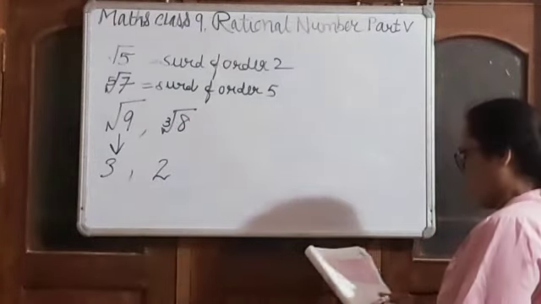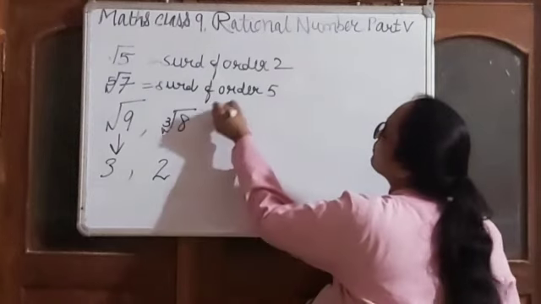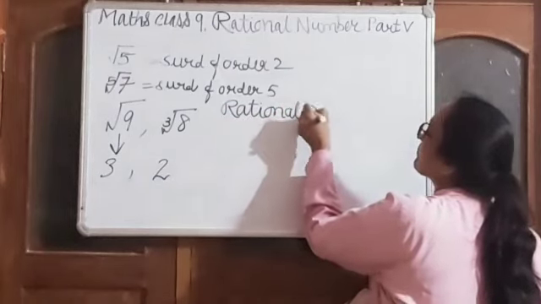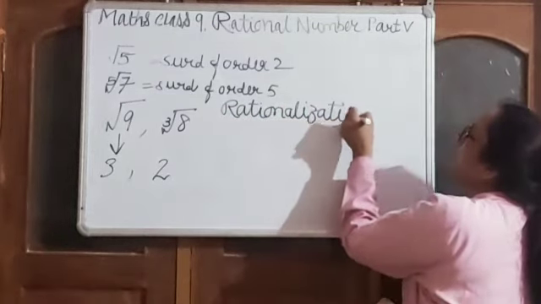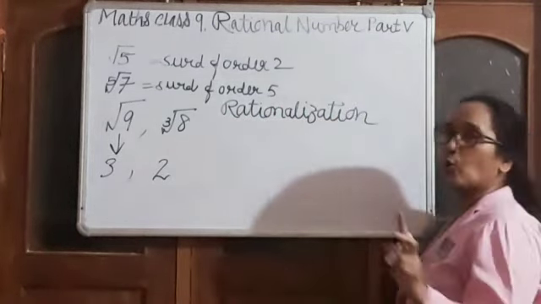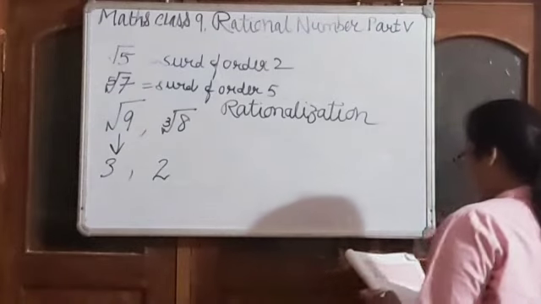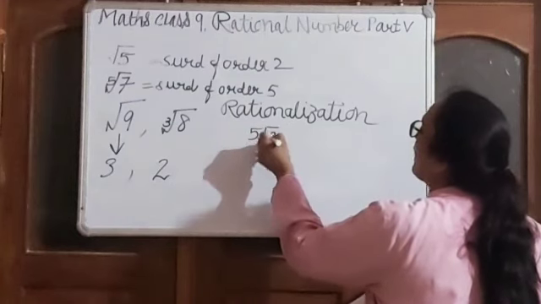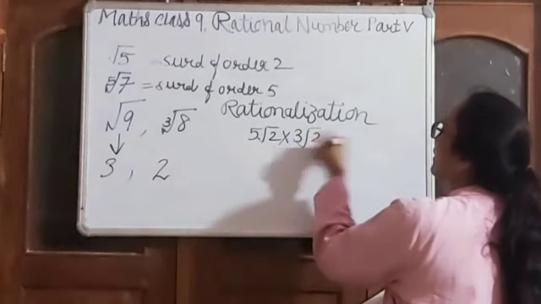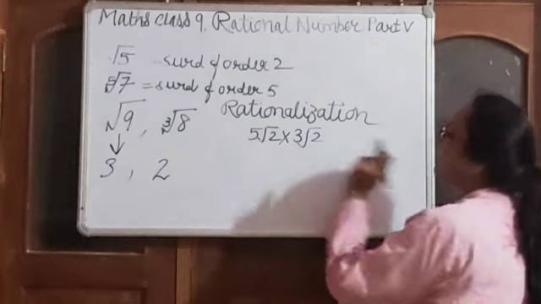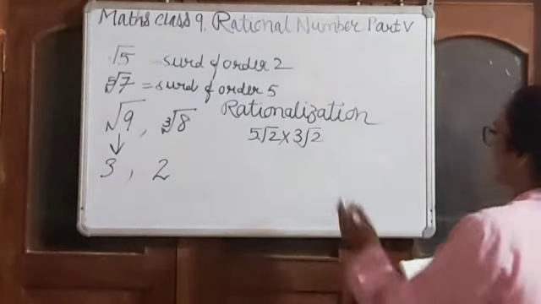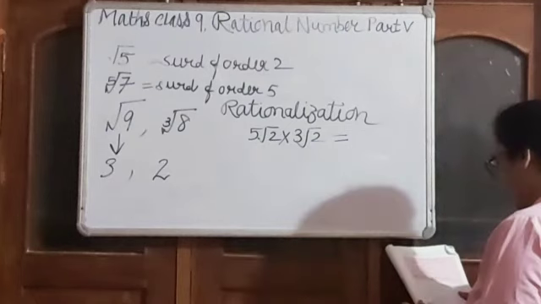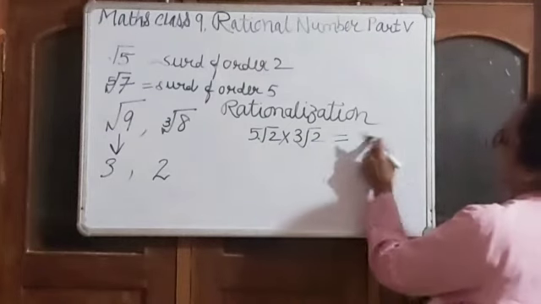Now we will discuss rationalization. Students, see, when two surds are multiplied with each other, for example 5 root 2 into 3 root 2, and their product is a rational number, then they are called the rationalizing factors of each other.